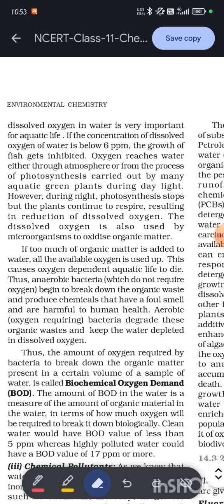Aerobic bacteria degrade these organic wastes and keep the water depleted in dissolved oxygen. Thus, the amount of oxygen required by bacteria to break down the organic matter present in a certain volume of a sample of water is called biochemical oxygen demand, BOD.